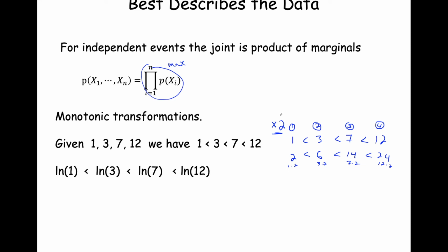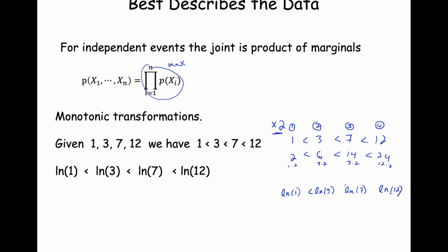So multiplication by a positive quantity is a monotonic transformation. If we take the natural log, that is also a monotonic transformation. If we take ln of 1, ln of 3, ln of 7, and ln of 12, the ordering has not changed.